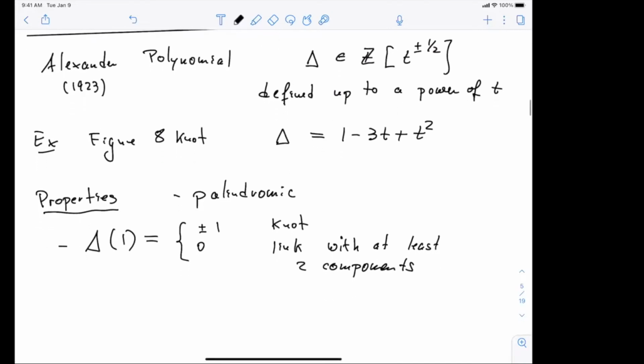And there are several approaches to the polynomial, several ways to construct it: geometric, algebraic, or combinatorial.